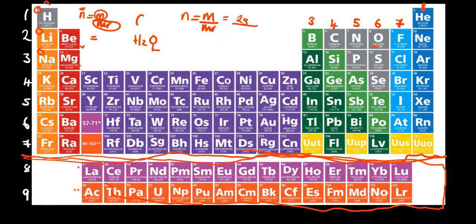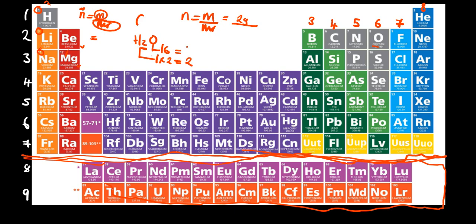For hydrogen, it's 1 point something, but I'll say 1. There are 2 hydrogens, so I multiply 1 times 2 to get the total hydrogen molar mass, which is 2. Then oxygen is 16 already. You add and get 18.